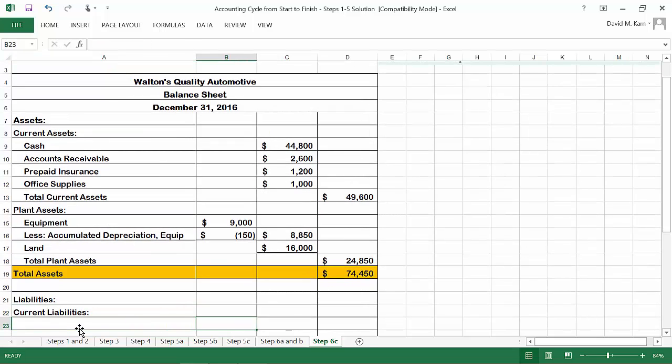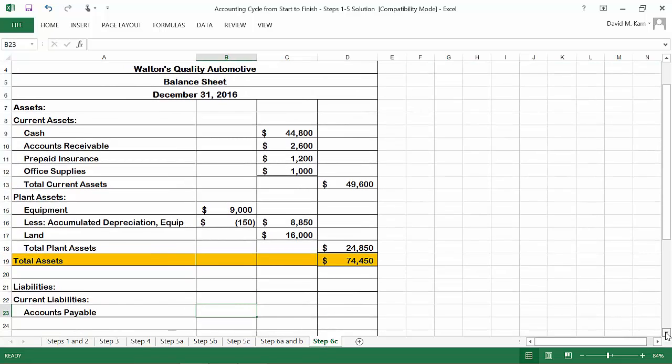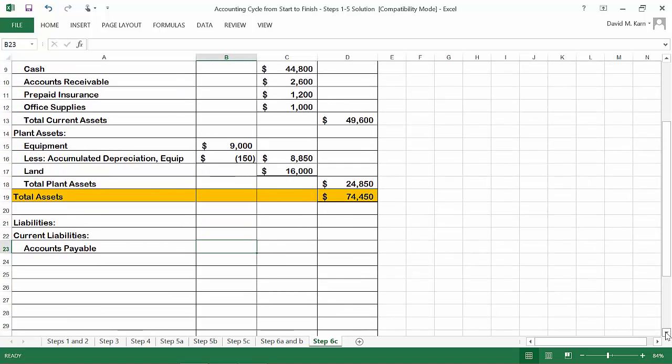So we have current liabilities consisting of accounts payable, and we have that coming out to be $1,880.